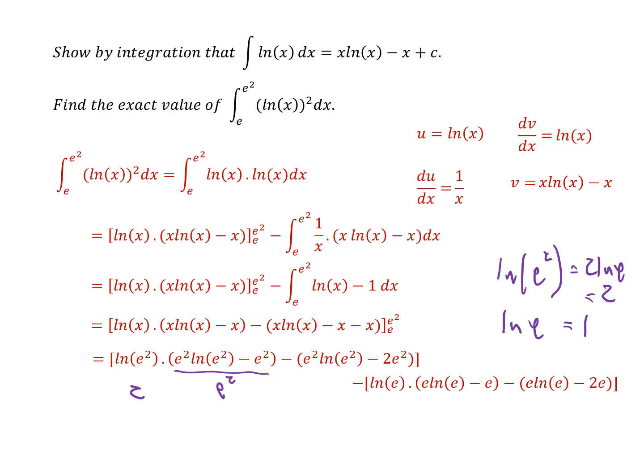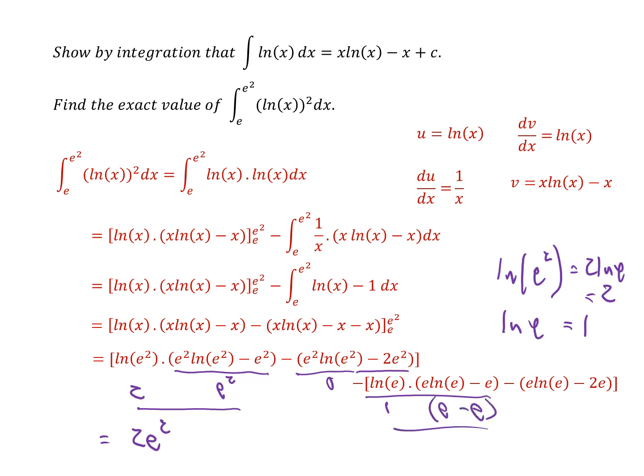And then e squared times ln e squared is 2e squared minus 2e squared. So this bracket is 0. So this is just 2e squared minus 0. So we've got 2e squared here. And then here we've got ln e, which is just 1, times e ln e, which is e minus e.